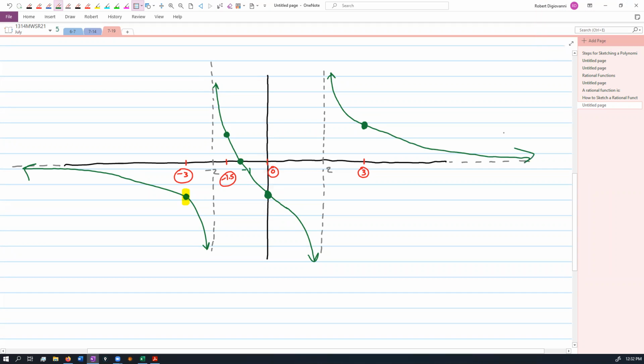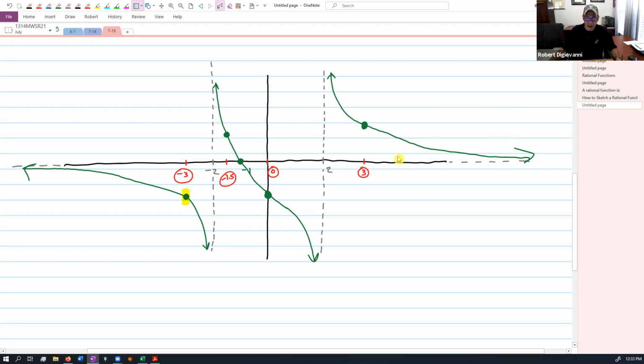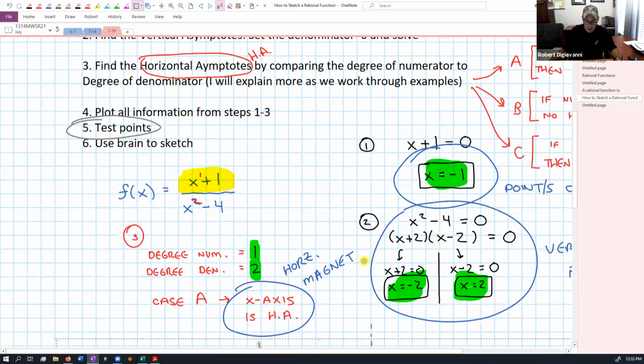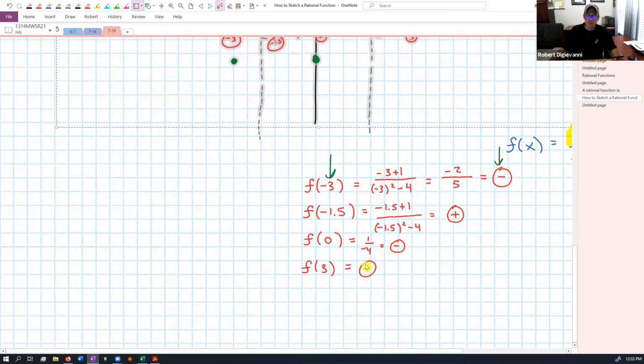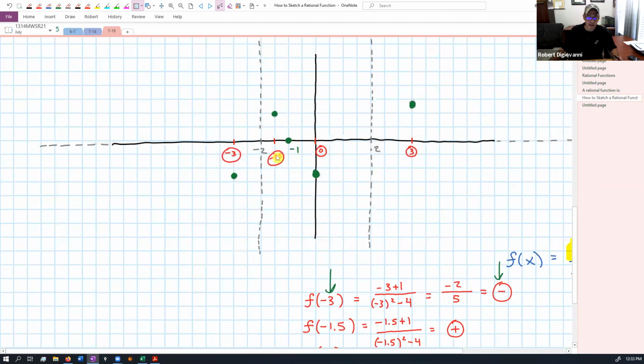I had a quick question actually. Yes. So I understand why each point was up and down, but how did you decide how far up and down to put it? Good question. So Elisa's asking about this step where I plugged in these values and I got numbers. All I was doing was negative, positive, negative, positive. You do not have to care about how high or low you put them.